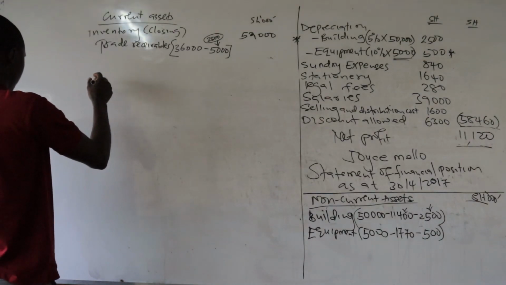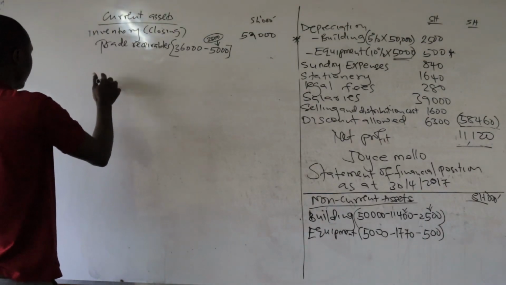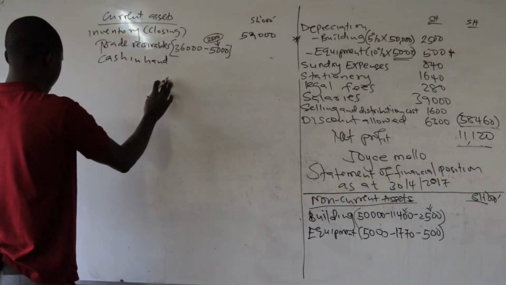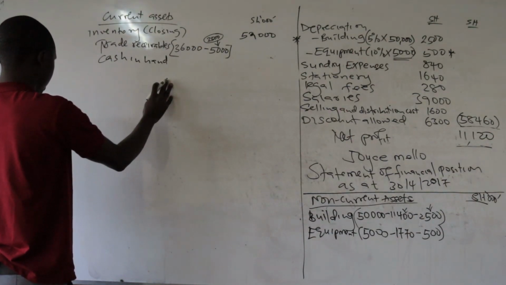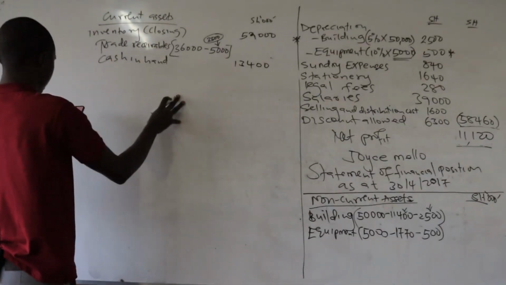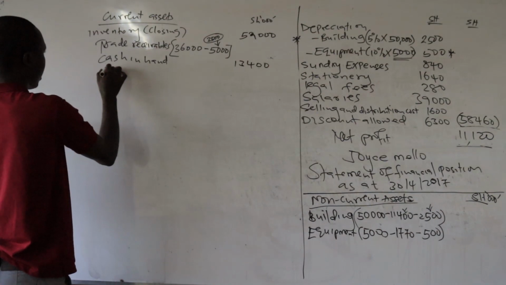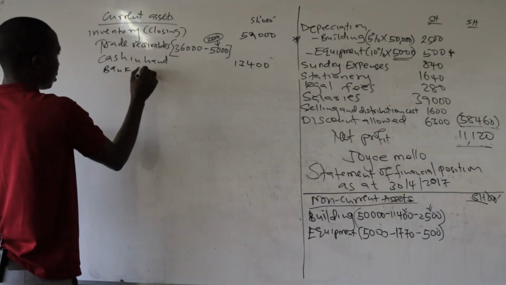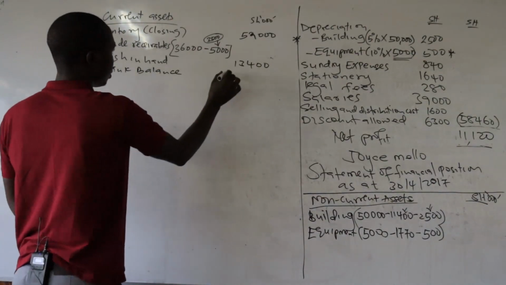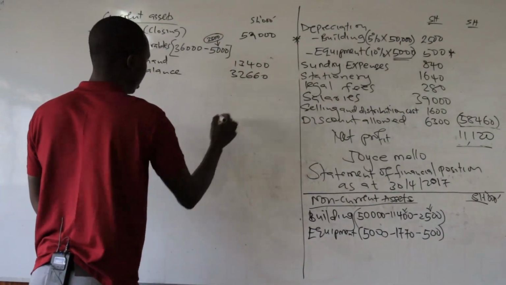So we have cash in hand of 13,400. We have bank balance, so we have the bank balance of 32,660.